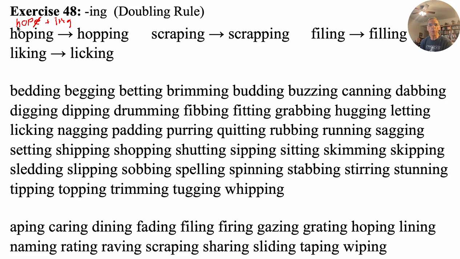So now hope becomes hoping. Now, over here, if we write H-O-P-I-N-G, we have hoping. But if we write another P in here, that closes the syllable and makes this vowel short.